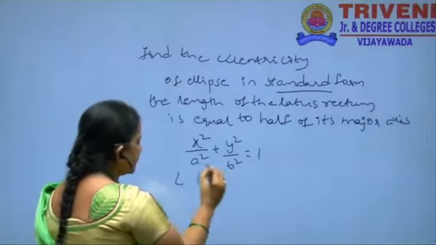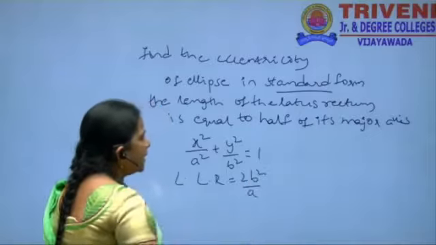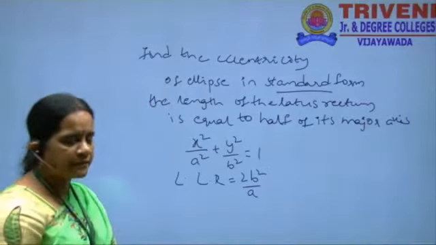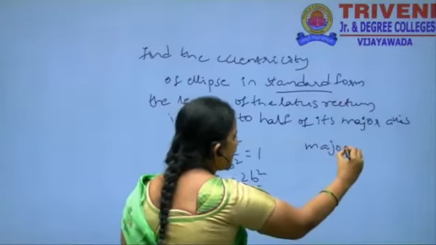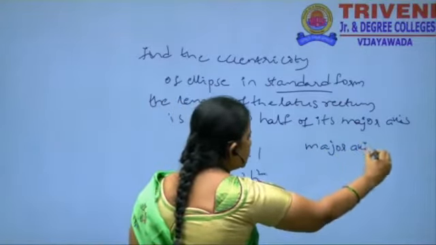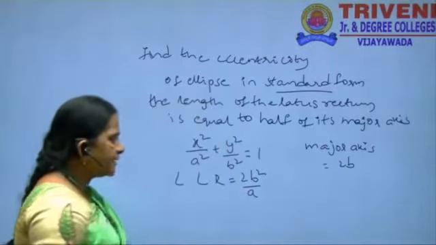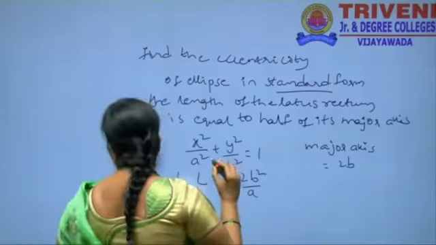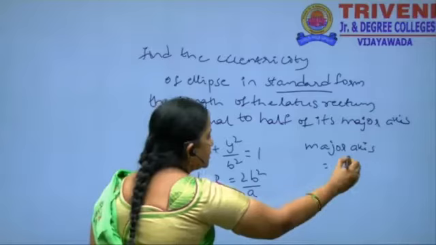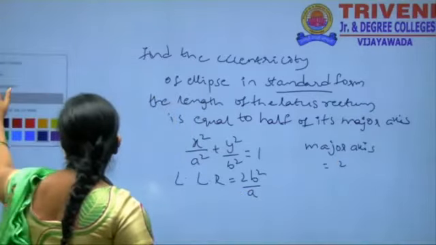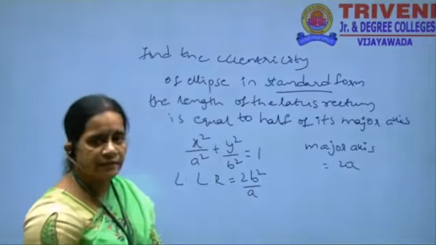The length of the major axis in the standard form is 2a.